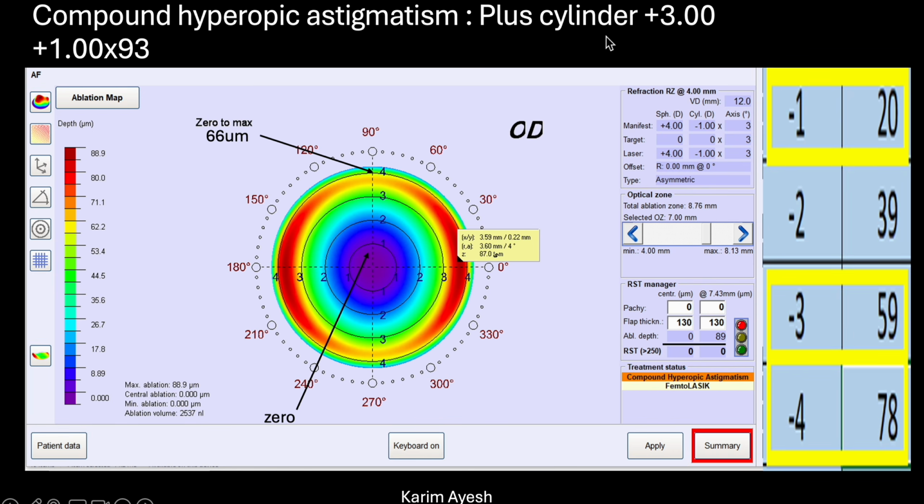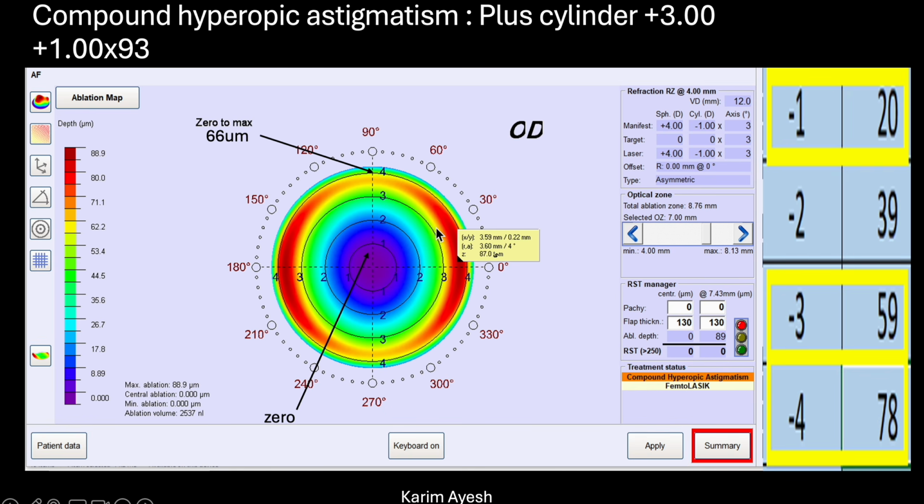If we take this refraction and assume that the ablation is corrected as a plus cylinder, it will be +3 +1 axis 93. The flat meridian according to the refraction is 180, so 1 diopter will be ablated at this area, and 3 diopters will be ablated in all the optical zone, all around the optical zone.